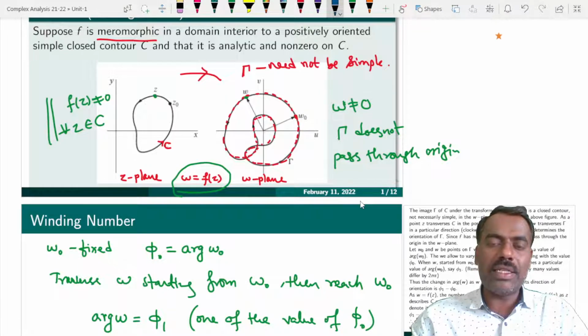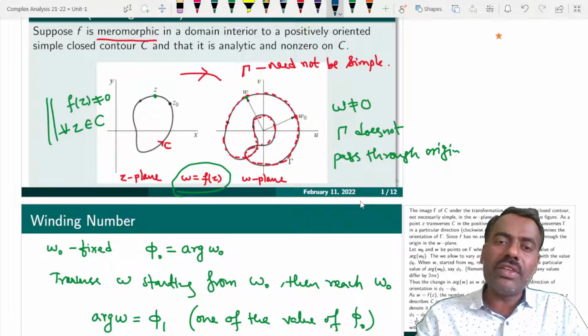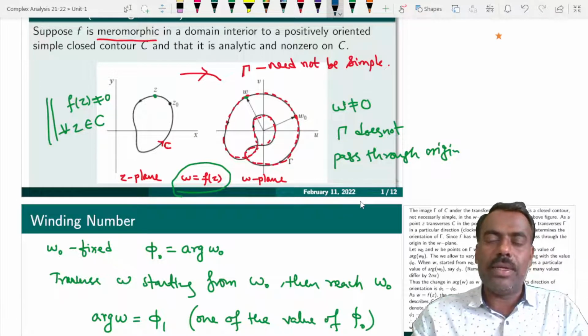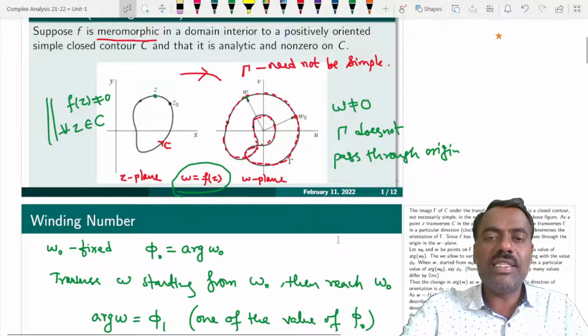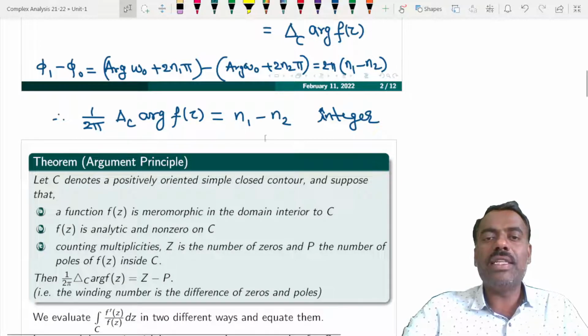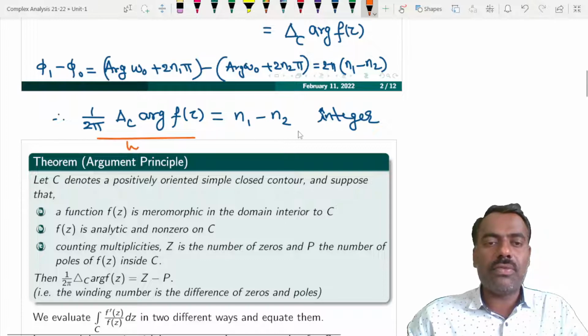At W0 when you started, note its argument, and when you traverse the entire curve and reach W0 again, whatever argument we have got, that difference, which is nothing but the change, we denote by 1 by 2 pi times this, which is nothing but n1 minus n2, an integer. We will call this the winding number.